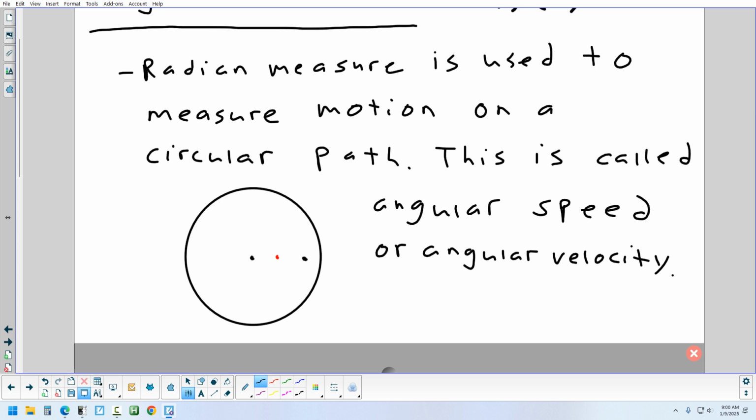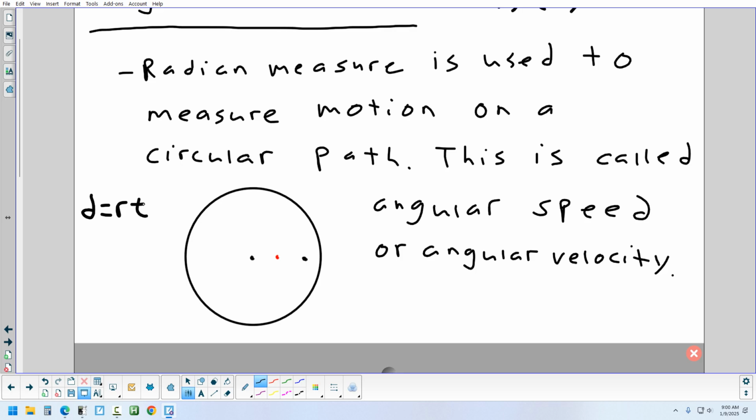Does anybody remember there is a formula you can use to find distance? It has a D, an R, and a T in it. Does anybody remember the formula that I'm thinking of? Yeah, Eliana? No? Yeah? Right, distance equals rate times time. That means to find out how far you've traveled, you take the speed you're traveling at, and you multiply how long you've been driving at that speed.